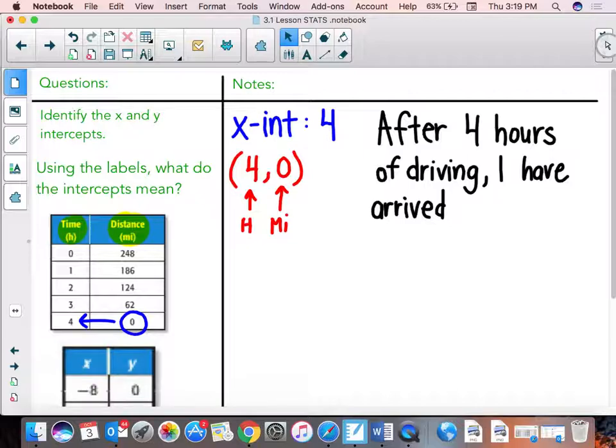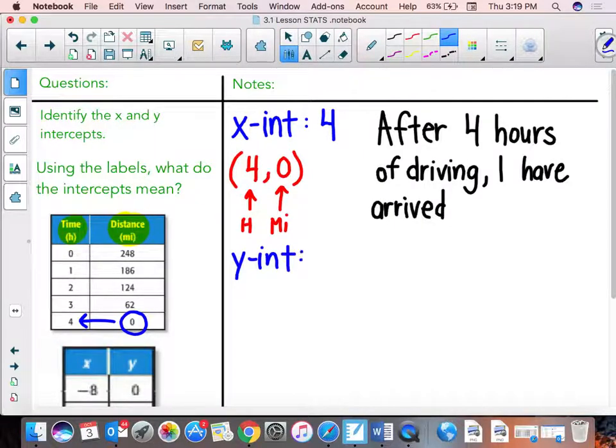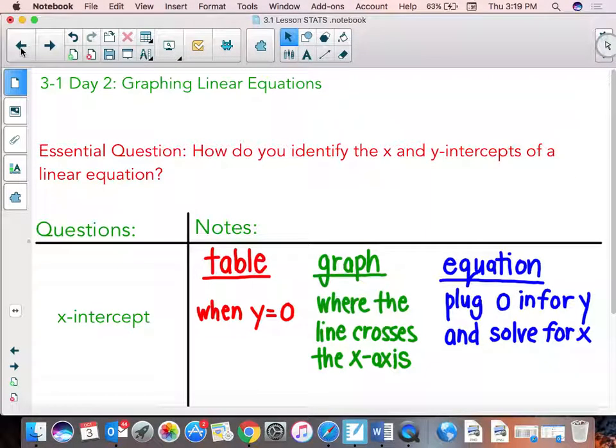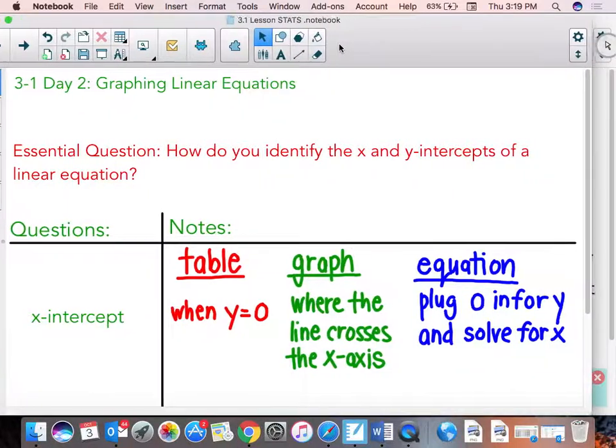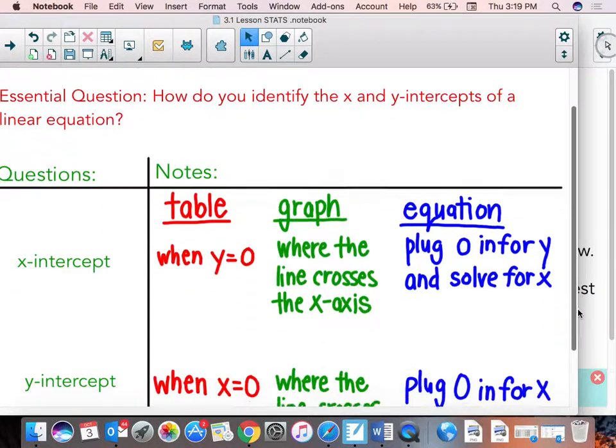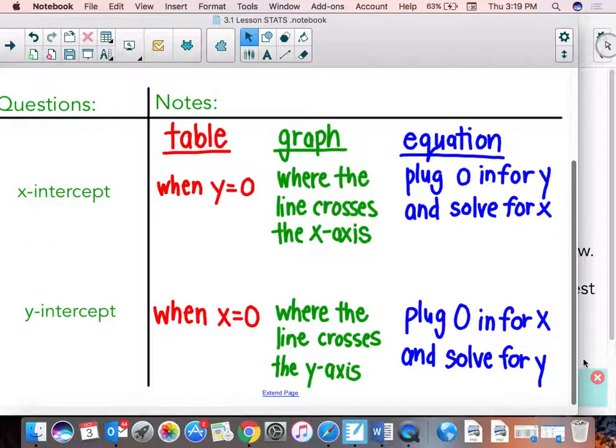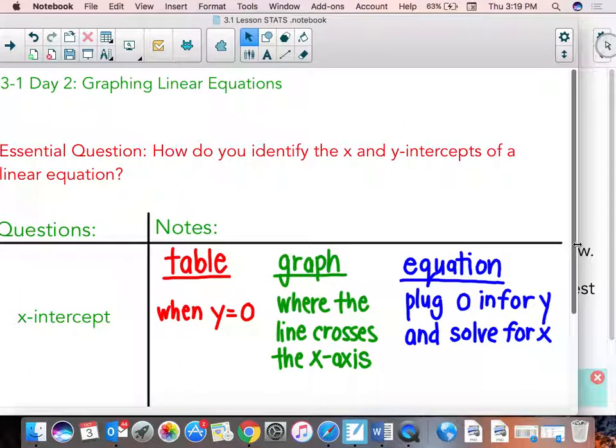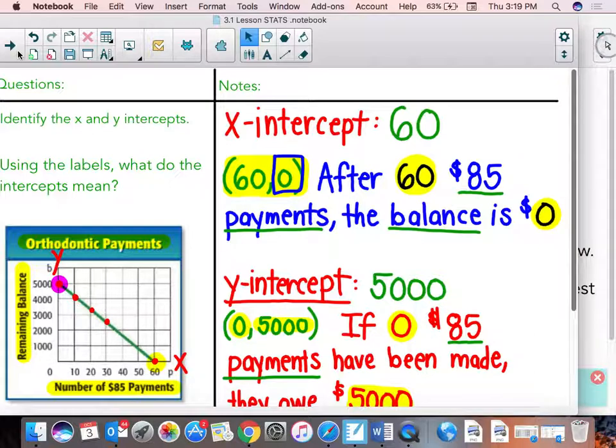All right. So our y-intercept then is, if I go back to my vocab here, my y-intercept for a table is when x equals 0. So if you look at the first example, our y-intercept is when x is 0.